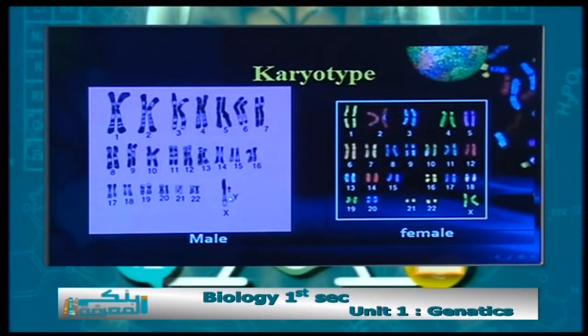The order of the pair number 23 is after the pair number 7 in length, but it found here because it carries information about the sex. But from the pair number 1 to the pair 22 carry information about your body.